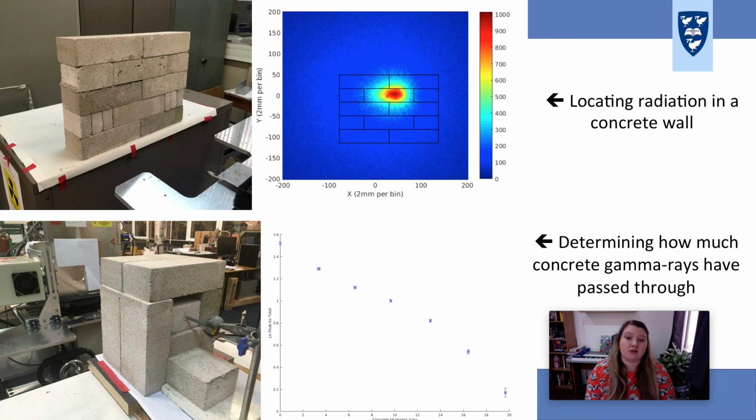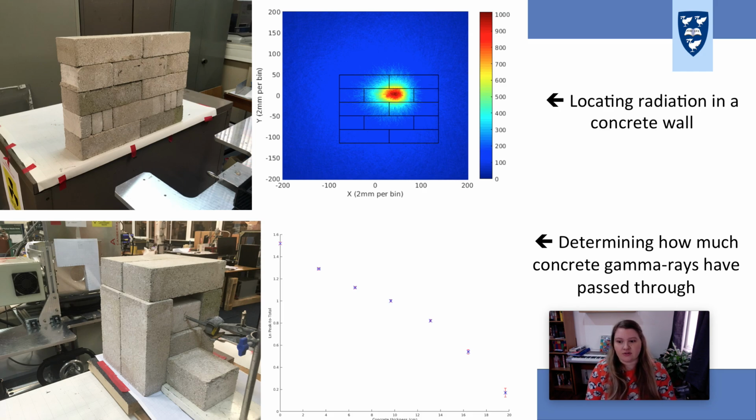This is important in a nuclear setting when you don't know where the radioactive waste is located, and pipes, part of the wall, or drums may have to be disposed of correctly. So being able to accurately identify where the source is located can be hugely beneficial for the nuclear industry.